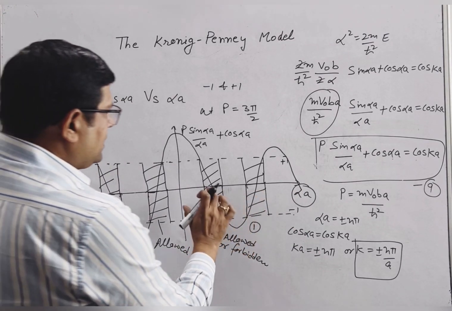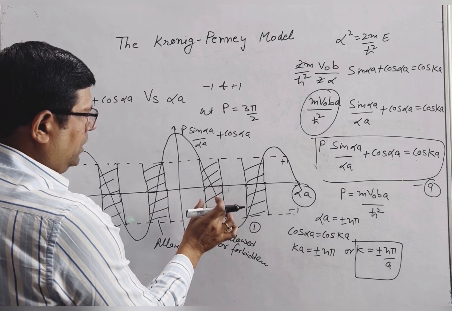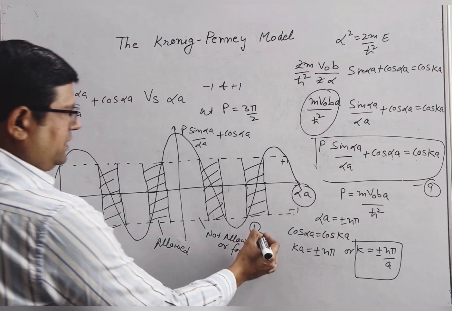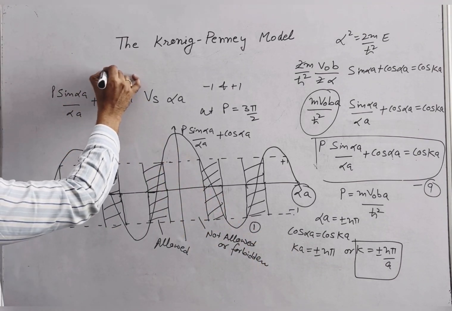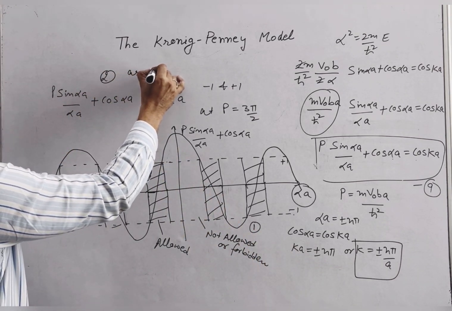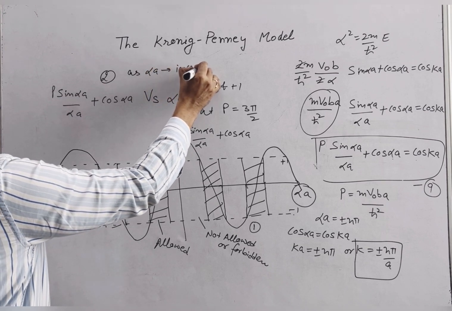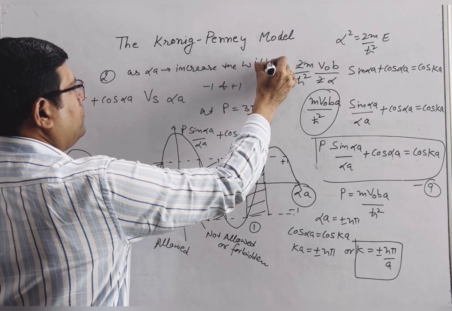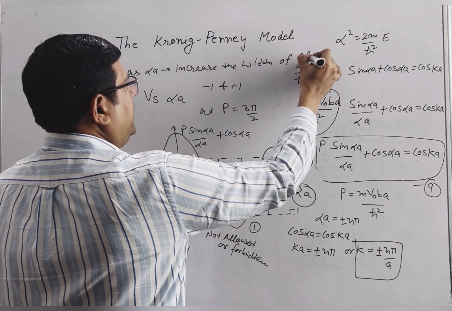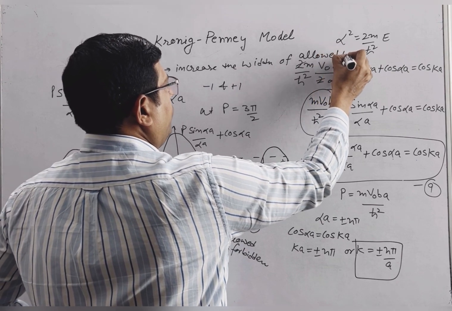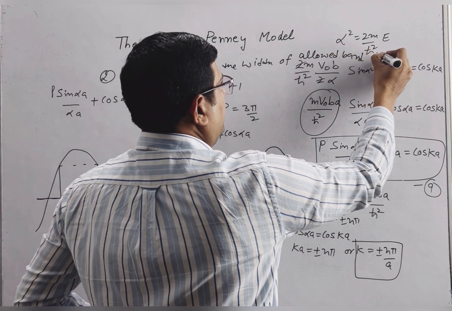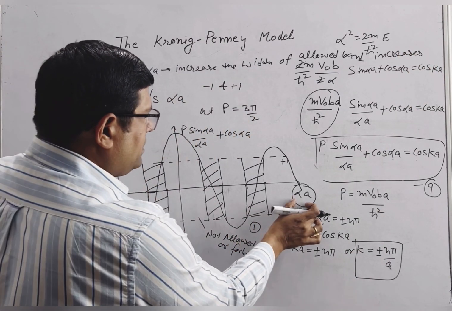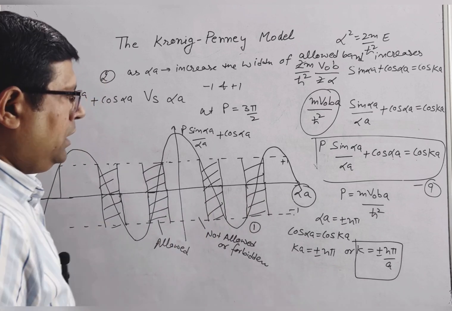Now, second point is, as alpha A increases, the width of the allowed band increases. And if alpha A decreases, the width of the allowed band decreases.